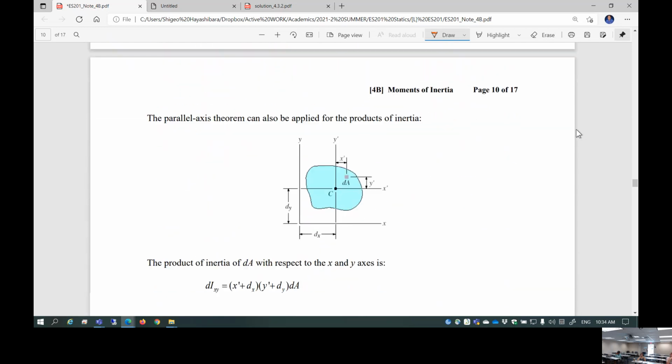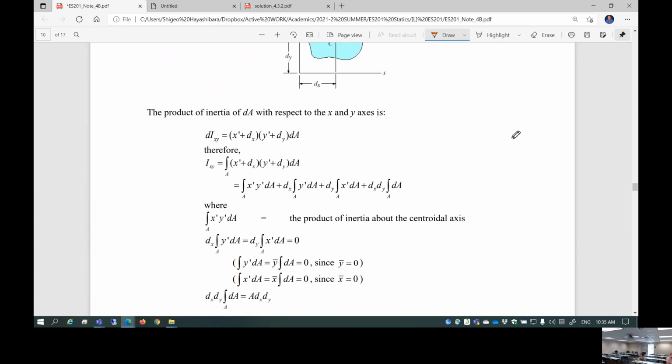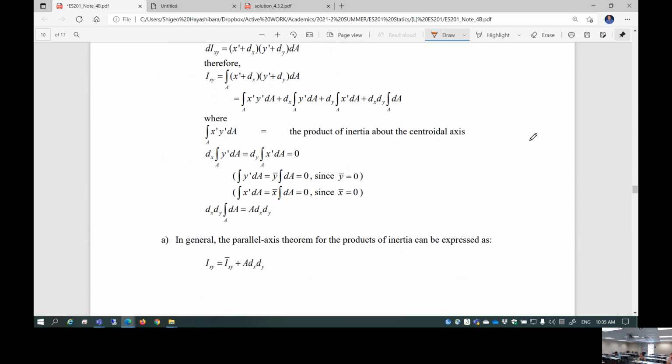So anyways, for the product of inertia, you can of course apply the parallel axis theorem. Now, product of inertia involves both x and y. So this is the parallel axis theorem for product of inertia. If you know the product of inertia local about the centroidal axis, this is often called IxyC.